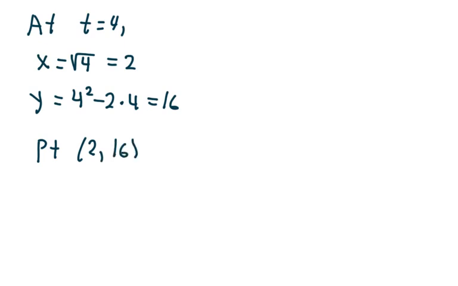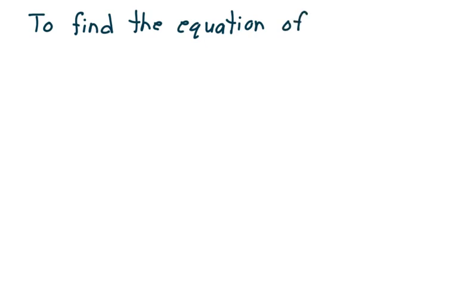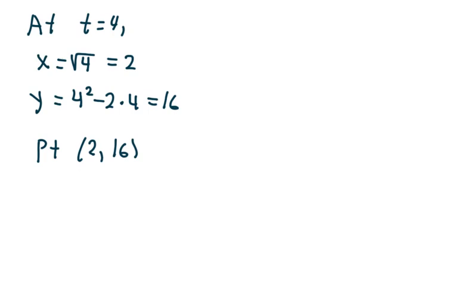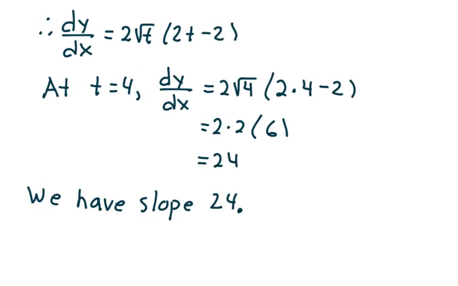Now, to find the equation of the line, remember, anytime you want to find the equation of a line, tangent line or otherwise, you need a slope, you need a point. Now, we could use what's called point slope form. y minus y1 is m times x minus x1. Now remember, m stands for slope, and we have a slope of 24.